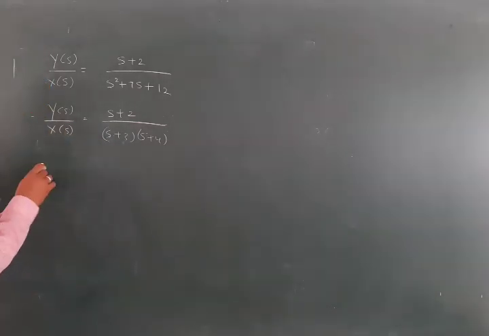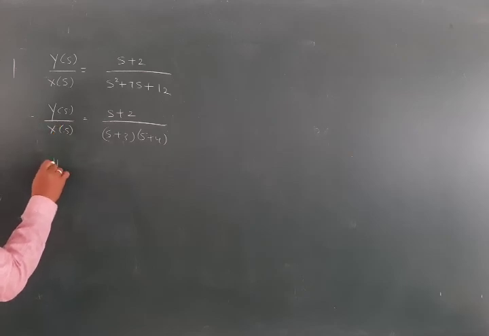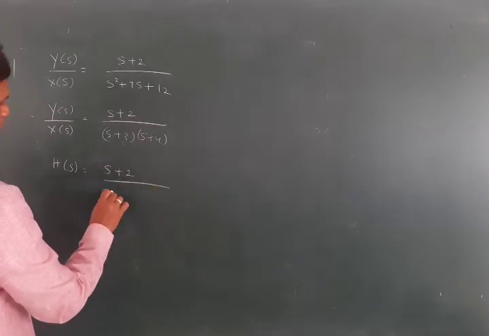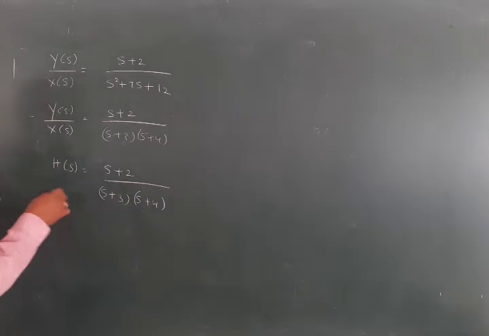Now what you do here is you have to find out the value of s in the numerator. Here we can write h of s is equal to y of s by x of s is equal to h of s, so s plus 2 by s plus 3 into s plus 4. After that, you have got this value.